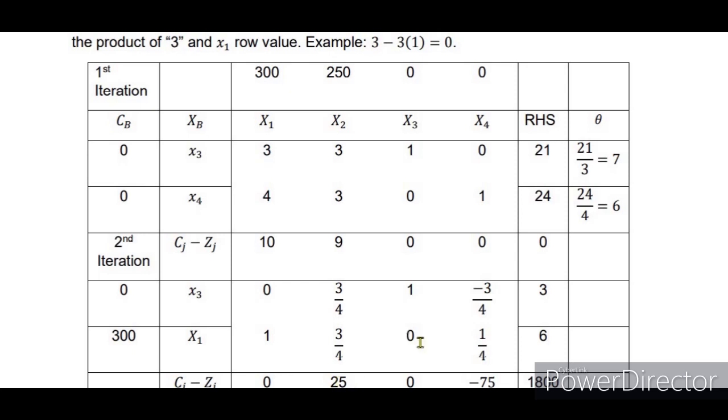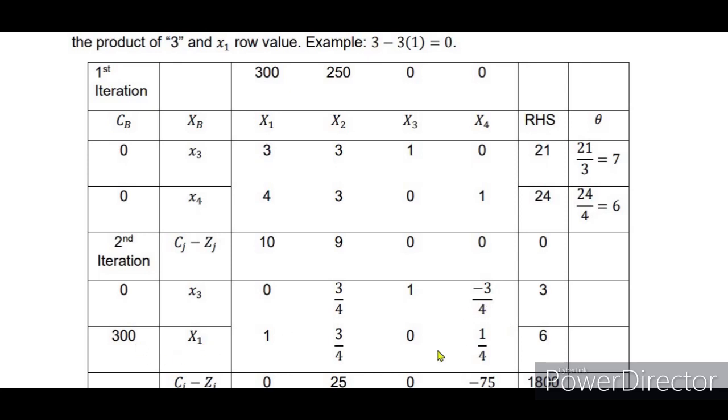Okay, next, 0 times 1 is 0. 300 times 0 is 0. So 0 plus 0 is equal to 0. Now we will subtract that from the value here. So 0 minus 0 is equal to 0. Okay? Next, 0 multiplied by negative 3/4 is equal to 0.